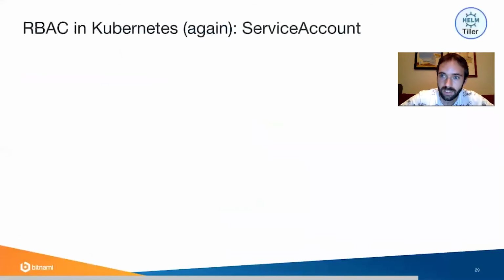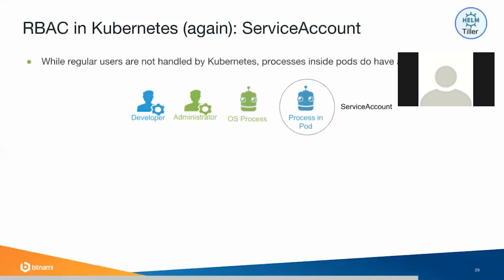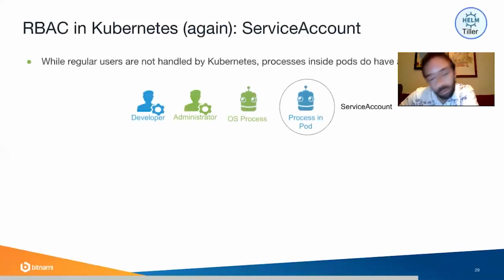service account. Because we said before that Kubernetes has no user object that you can create, delete, and edit. It's true for all cases except for processes inside a pod. For that specific case, we do have an object that can be created, deleted, and updated, only for processes inside a pod.